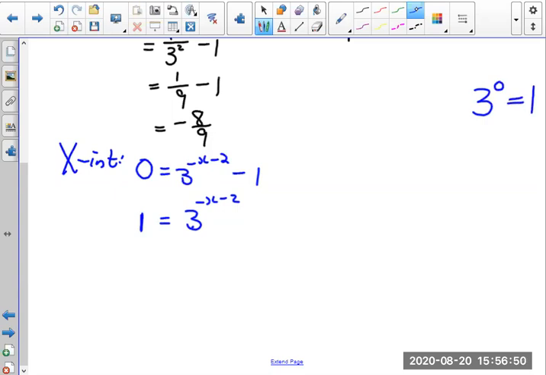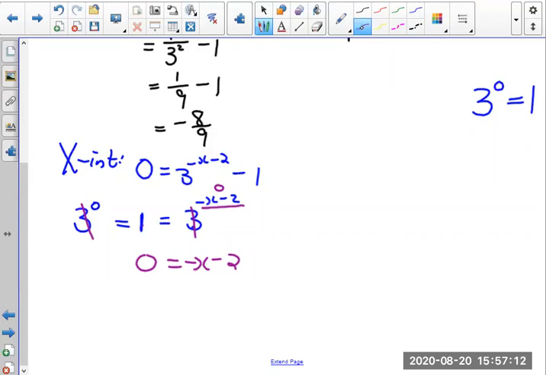You remember the law that says anything to the power of 0 equals 1. So you can do it in two different ways. You can change this 1 to a 3 to the 0. Because then your bases are the same. That means the exponents are the same. Or you can simply say, you know what, anything to the power of 0 is 1.